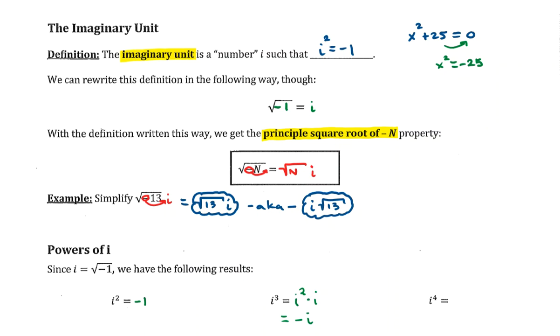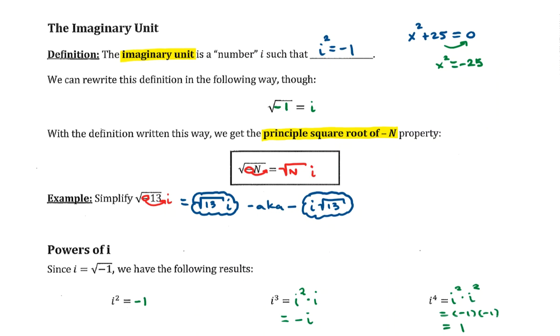i to the fourth is interesting as well. You could write i to the fourth as i squared times i squared, in which case we have negative 1 times negative 1, and we get positive 1 in return. So this is kind of a case where we are raising i to a certain power, and it gives us an ordinary real number, and i squared is a case of that as well.